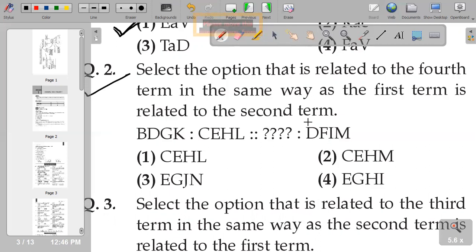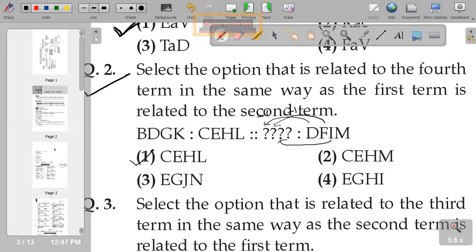So we will just subtract minus 1. D minus 1 is C, F minus 1 is E, I minus 1 is H, M minus 1 is L.